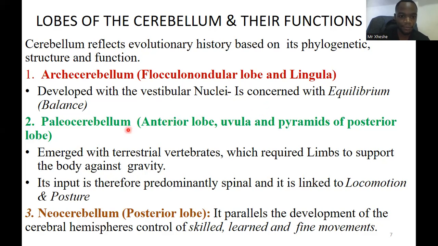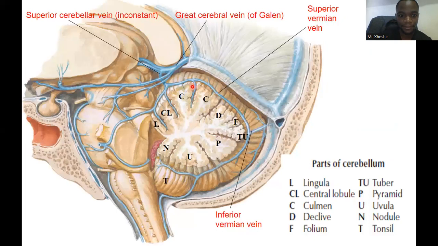Then we have a much more developed part of the cerebellum, which we call the paleocerebellum. It is composed of the anterior lobe, the uvula, and the pyramids. So the remainder of the anterior lobe, the uvula plus the pyramid, forms the paleocerebellum. So this part of the anterior lobe, add the uvula plus the pyramid, then you get the paleocerebellum.